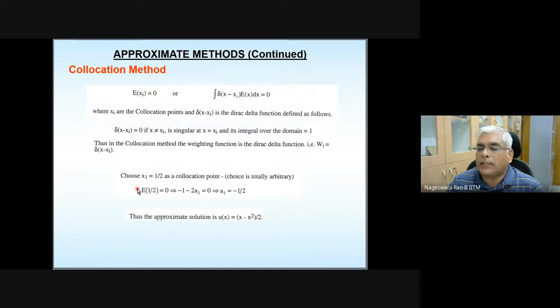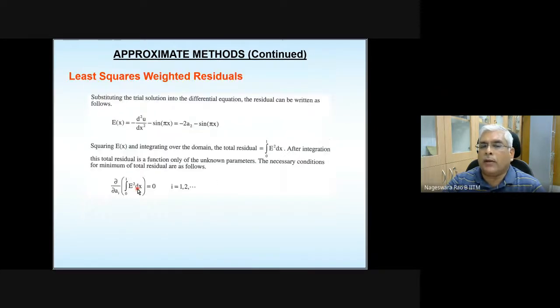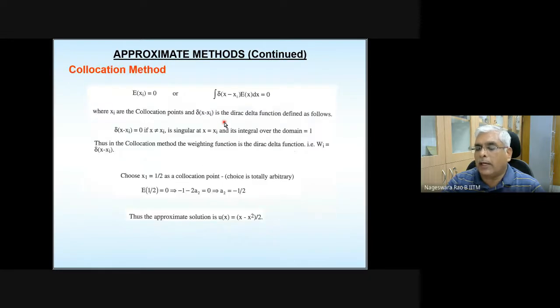What is the error function? Yesterday we already noted the error function is minus 2a2 minus sine pi x. Evaluate this error function at x equal to half. It is going to be minus 2a2 minus sine pi divided by 2.